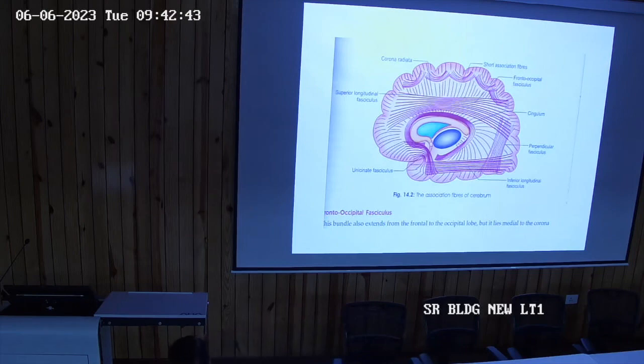I am not going into detail of the limbic system. The hippocampus connects to the mammillary body, and from the mammillary body the fibers relay into the anterior nucleus of thalamus, and from there into areas 23 and 24.